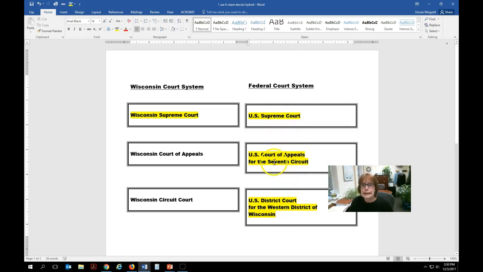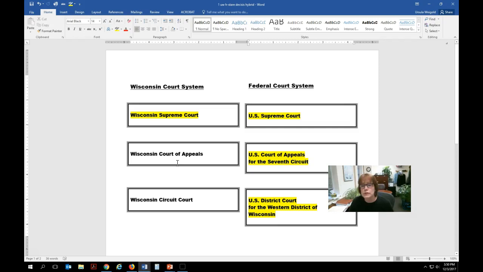Now, the slightly counterintuitive question, perhaps, that comes up has to do with the Wisconsin Court of Appeals. If the federal courts are going to be looking to the state courts for interpreting questions of state law, the question would arise whether federal courts are going to be bound by the intermediate state court interpreting questions of state law.